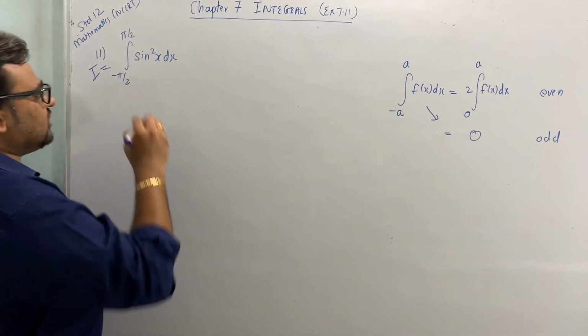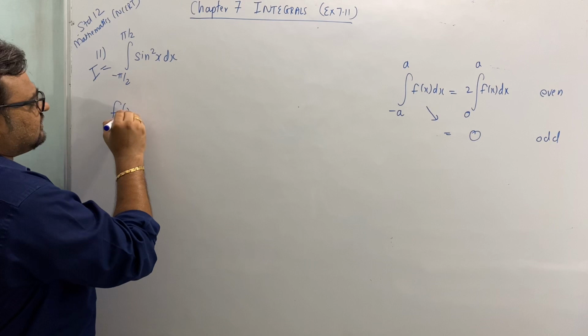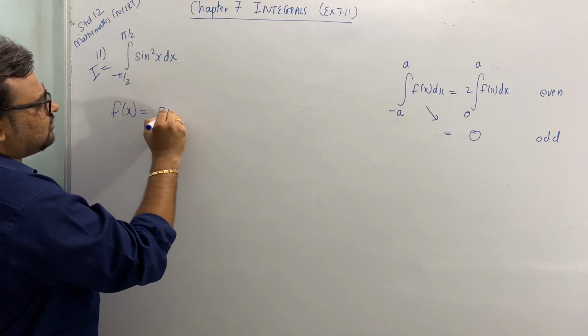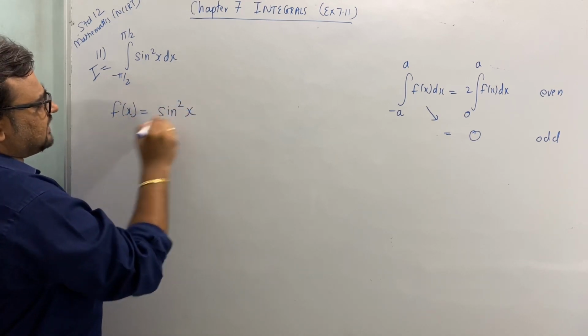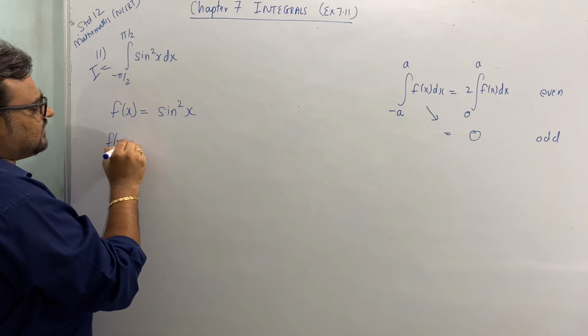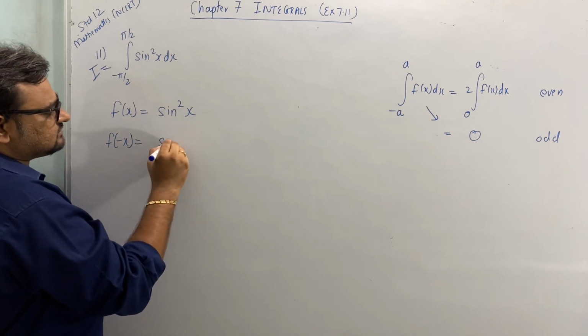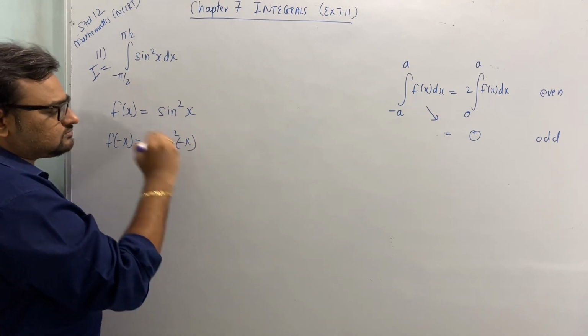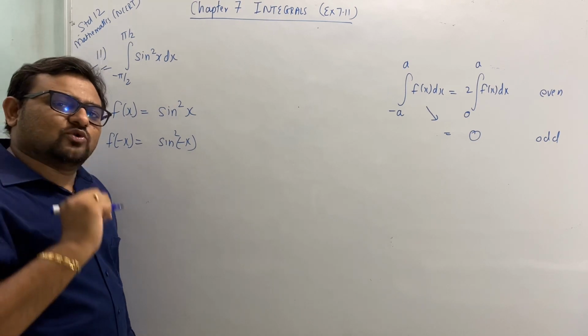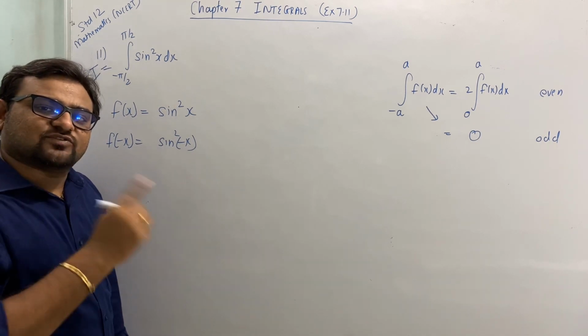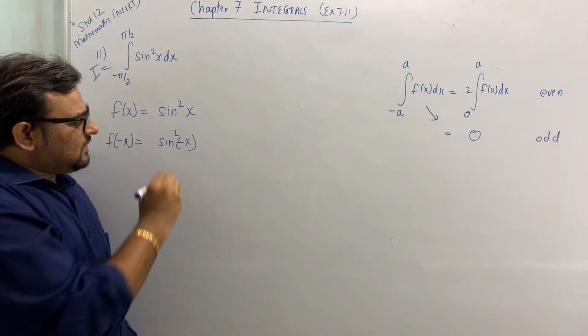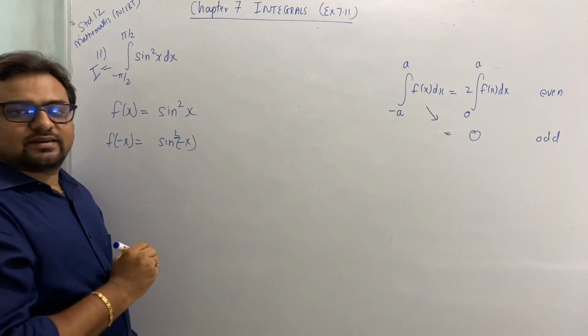Is this function odd or even? What is the function here? f(x) is equal to sine square x. And what is f of minus x? We know that sine of minus x is equal to minus sine x, but here it is a square.